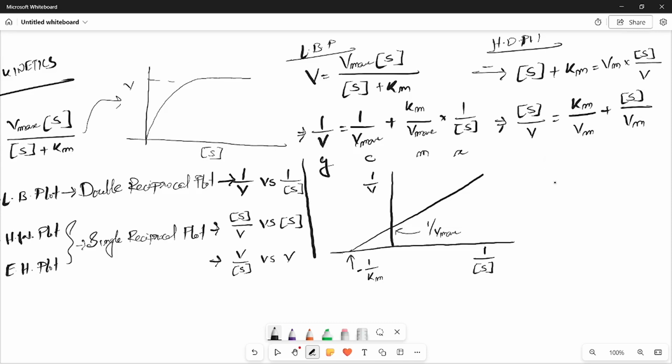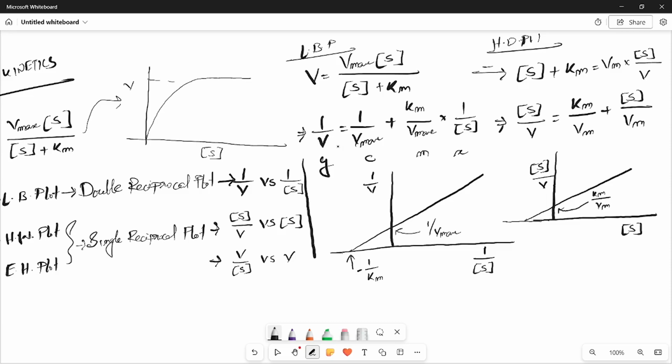If we plot this equation, it will look like this. This fraction, S by V, is y, and x is S. And what is the slope value? Km by Vmax. If you simplify the equation with the tangential value, you can get these values as well. Right. Now go to the next part.